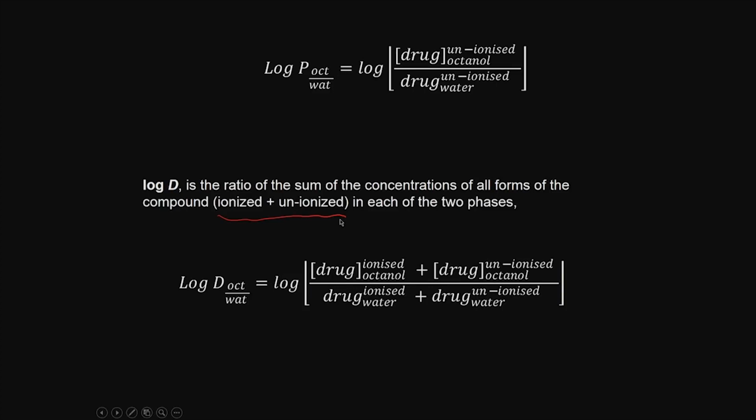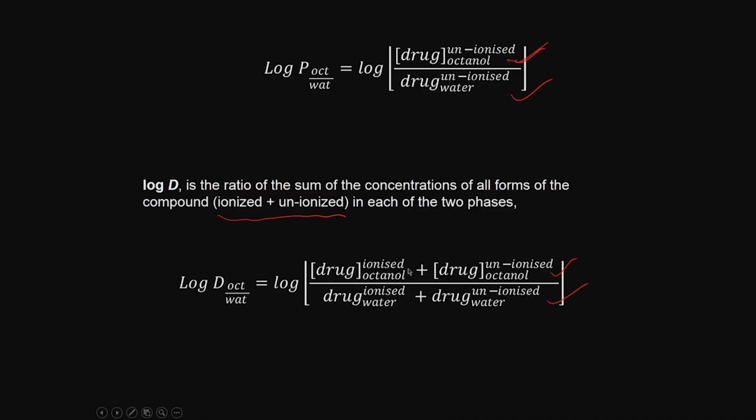And of course, in a solvent you might have very little or practically 0 ionized form, whereas in aqueous polar compounds, salts will get ionized. So, log P is the logarithm of drug in the octanol divided by drug in the water, whereas for log D you take drug ionized and unionized in octanol divided by drug ionized and unionized in water.